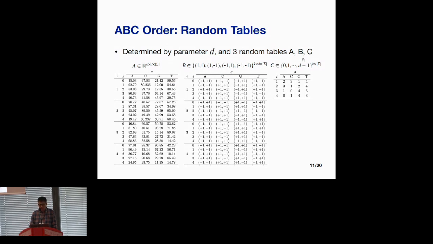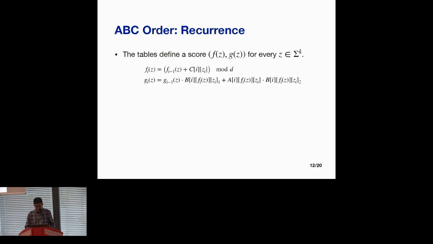Table C is of size k times the size of the alphabet, and each entry is picked randomly from 0 to d-1. Once you choose those entries randomly, then the order will be fixed over all the length k strings.